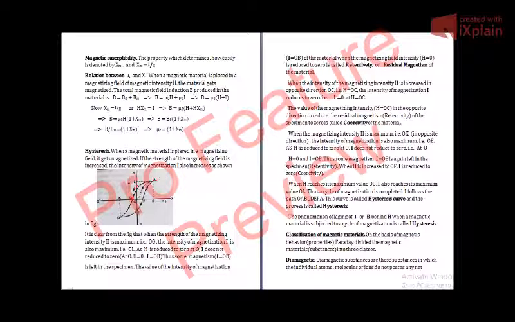H is equal to OC. Which means that the specimen or the material, for instance, I have taken it here, iron, has lost all its magnetism. It no longer behaves like a magnet. It has become as we had put it before the process. So it loses all its magnetism.